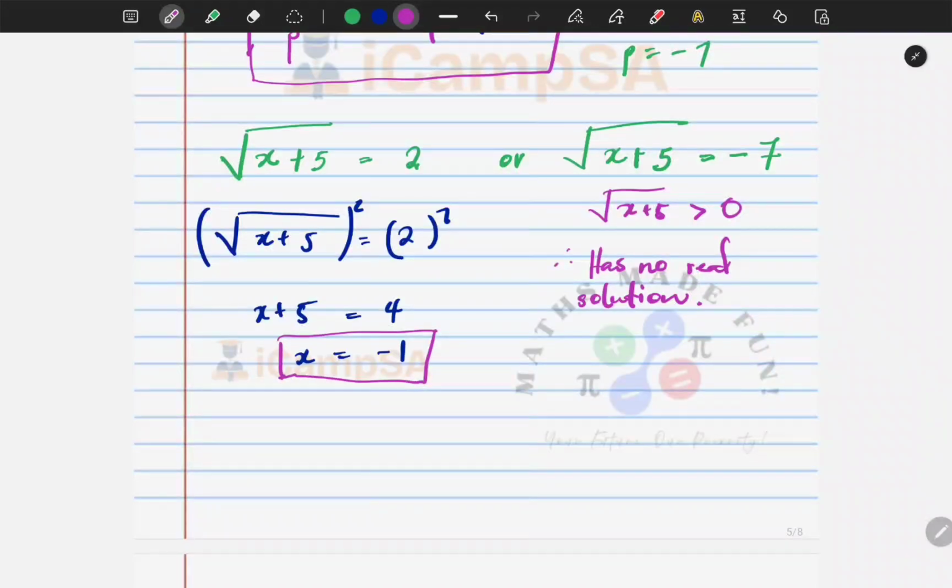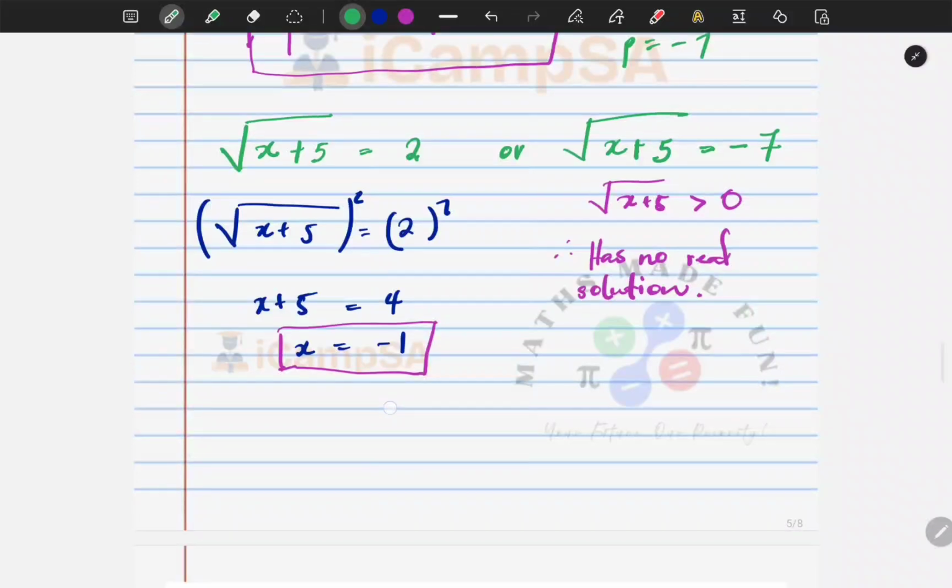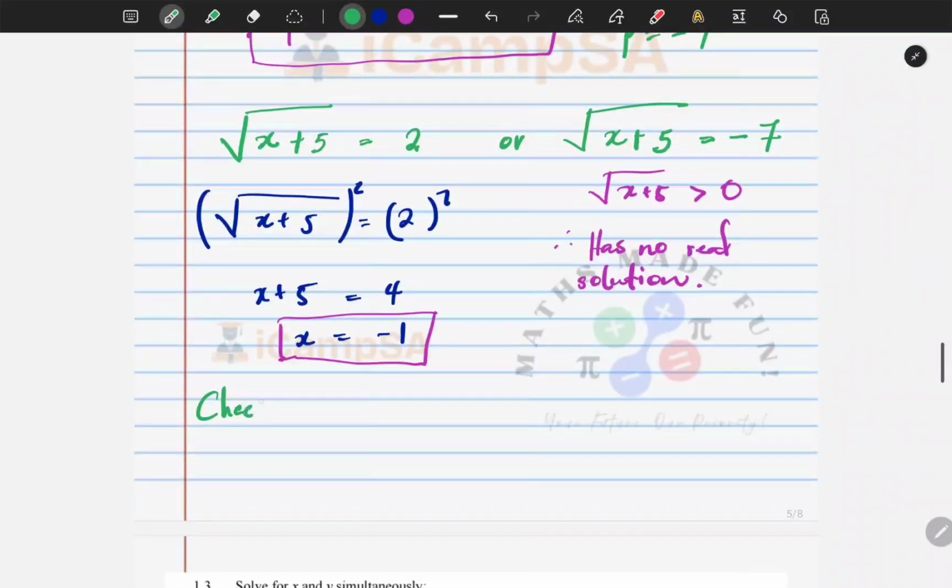When we check, we substitute negative 1 plus 5, which is 4, and the square root of 4 is 2.